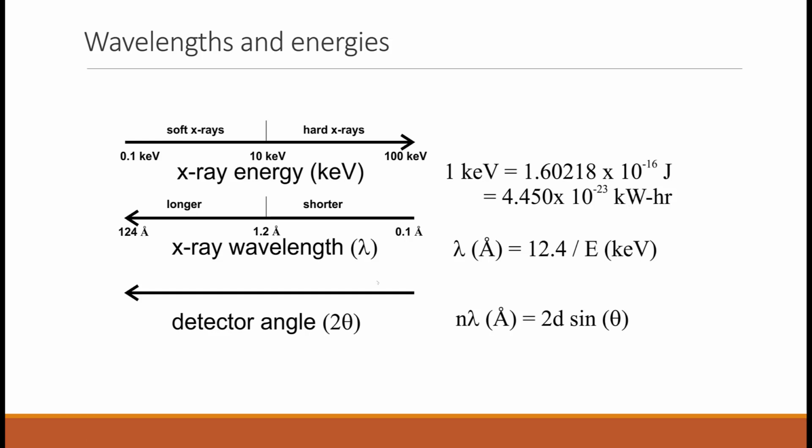We can, of course, talk about X-rays in terms of wavelengths as well. The wavelengths are decreasing as we go from left to right in opposition to the way the energies are increasing. And again, we sort of have this dividing line between longer wavelength and shorter wavelength X-rays, but they're all pretty short. We're also using a unit here called the angstrom. The angstrom is 10 to the minus 10 meters.